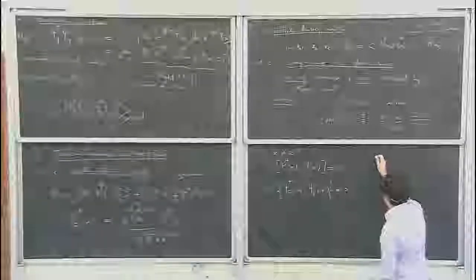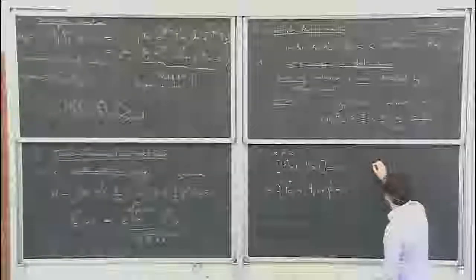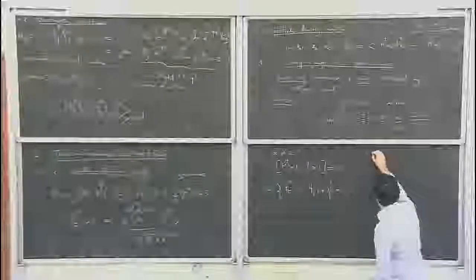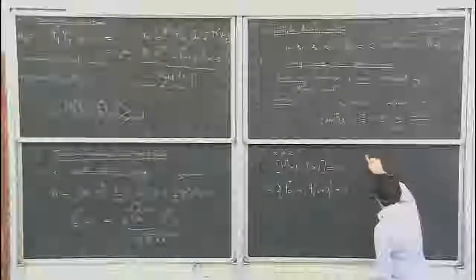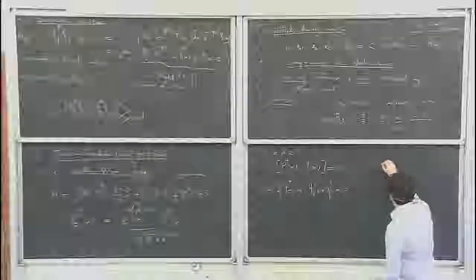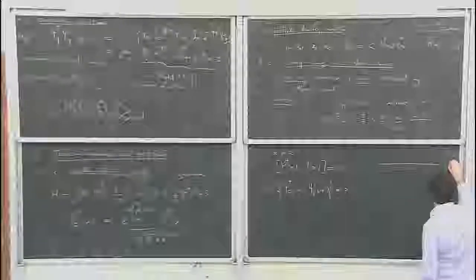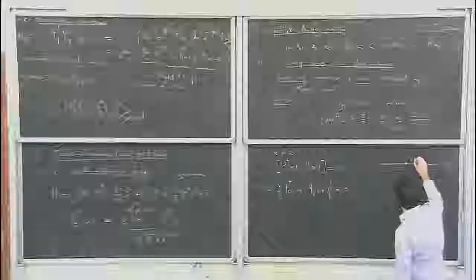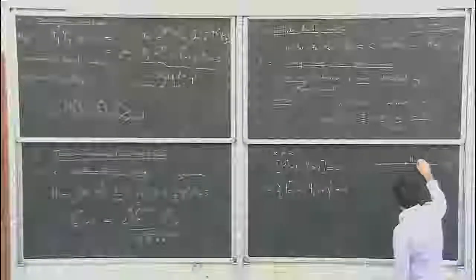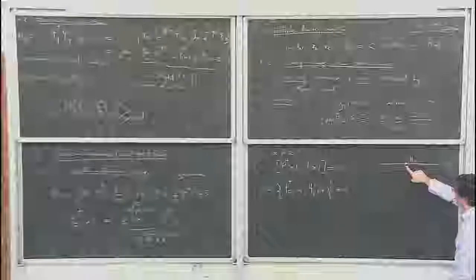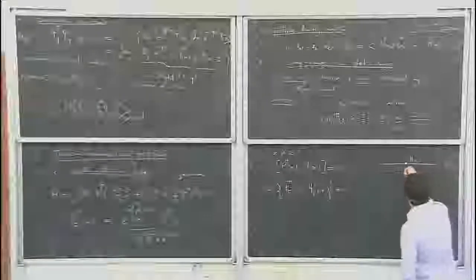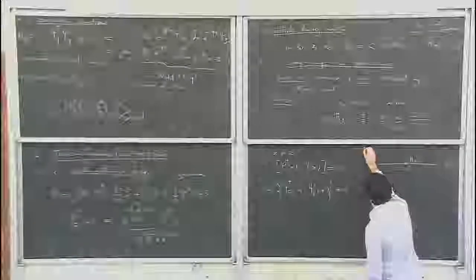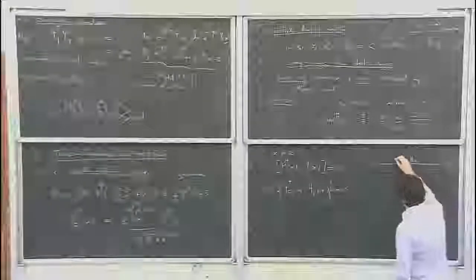Okay, so that you can view with a picture. Imagine we have some state psi, and we first act with psi at x prime. So we want to destroy a boson at position x prime. This is x prime, and let's say that x is smaller than x prime.